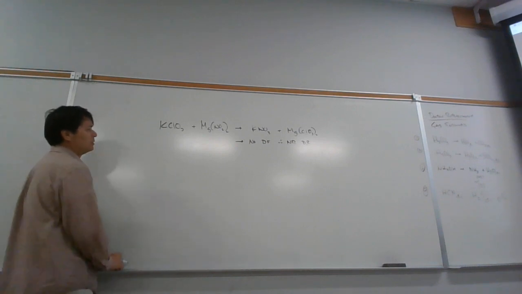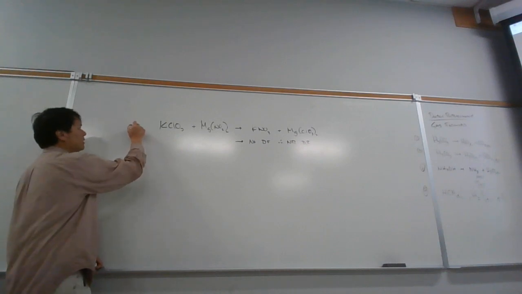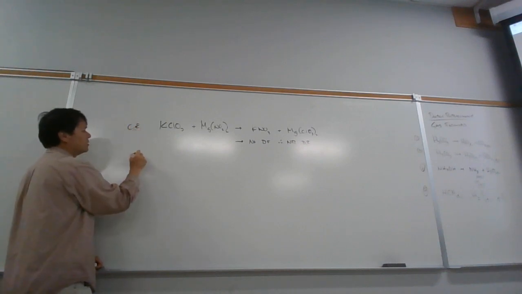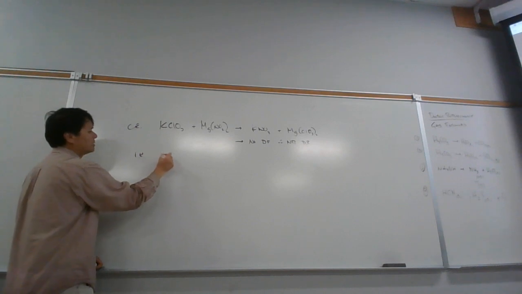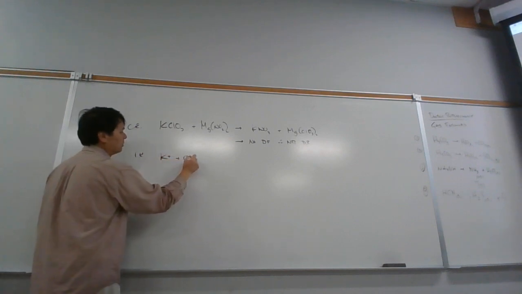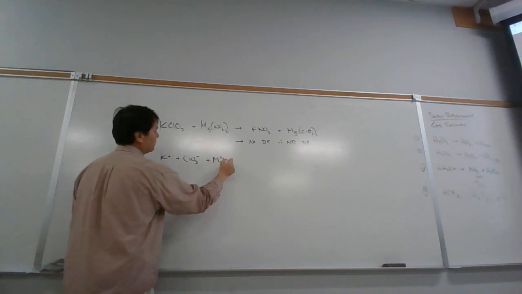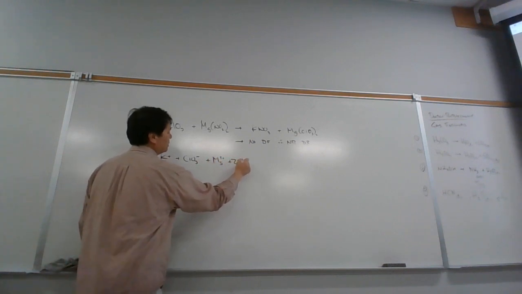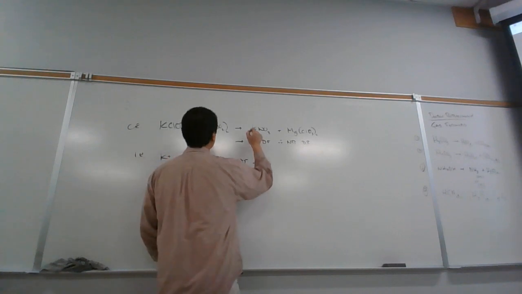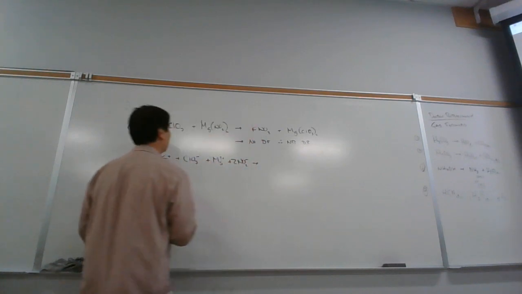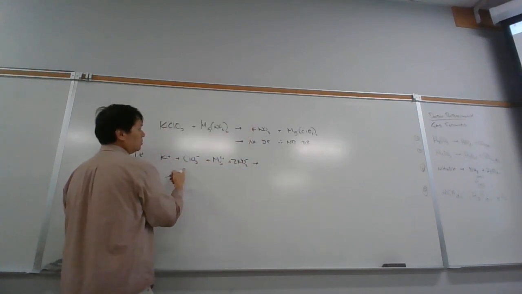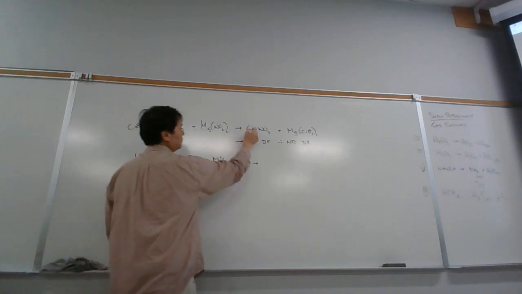In this case, this is the complete equation, but if we were to do the ionic equation, it would look something like this. We'd have potassium ions, chlorate ions, magnesium ions, nitrite ions, going to, actually I'm going to balance this now. 2, 2.